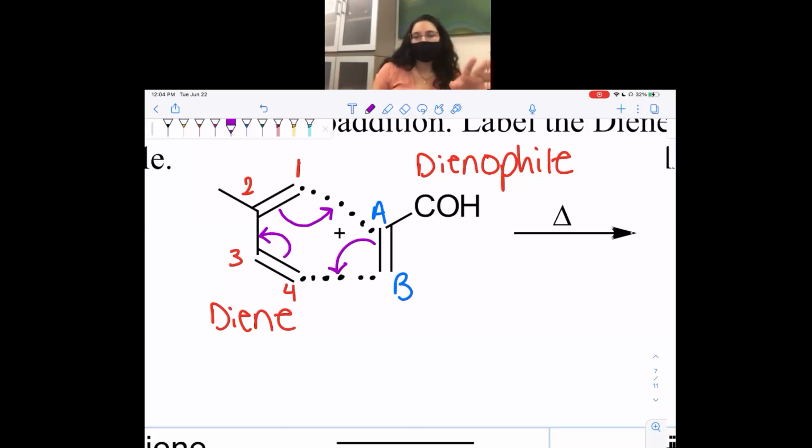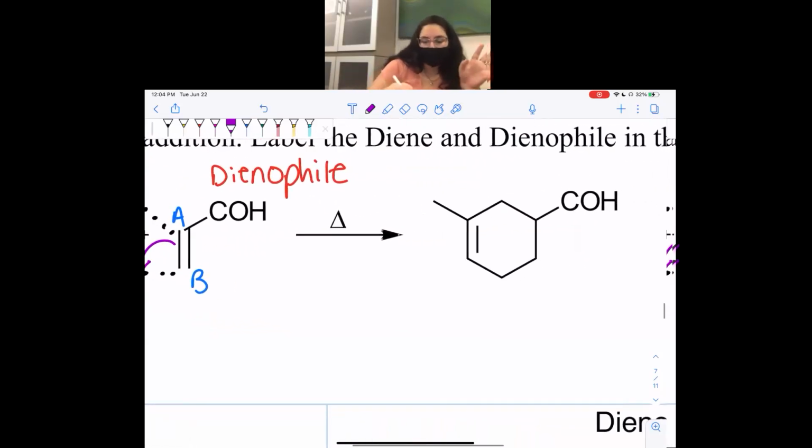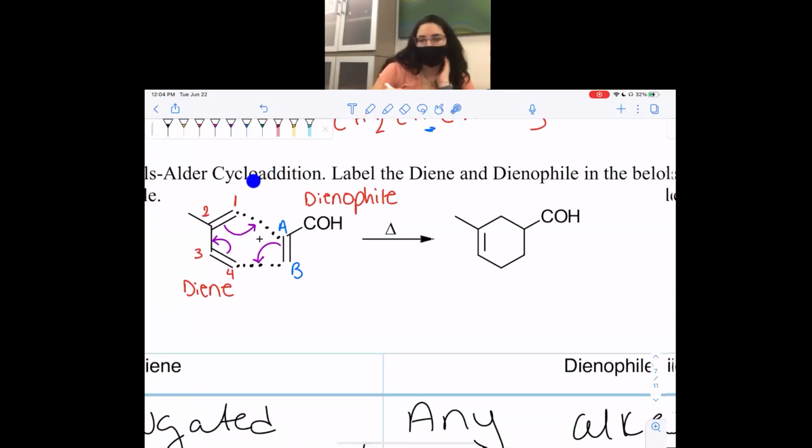All right, so once we have this, we're always going to form a six-membered ring, right? And so in our product, we have one, two, three, four. We have A and B. And I'm going to highlight the new bonds we just made.